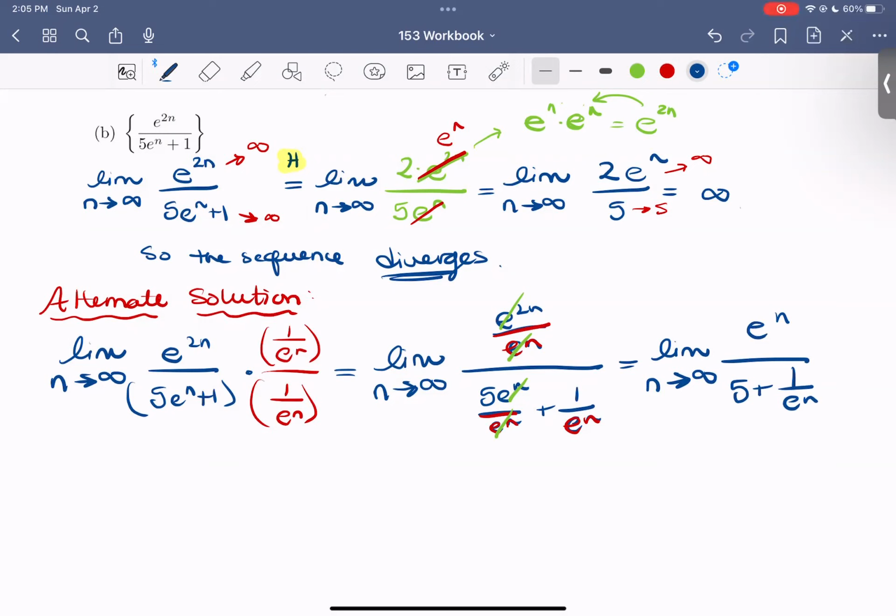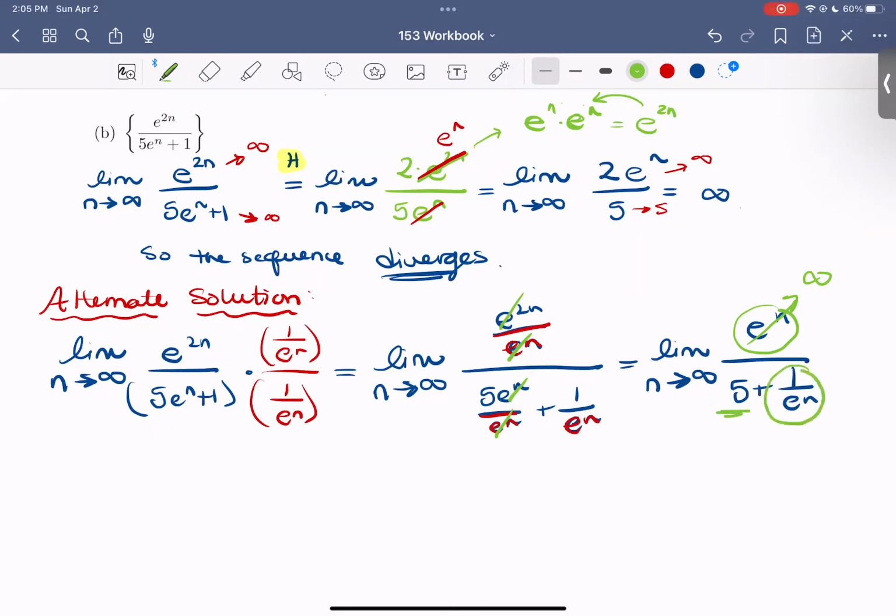Now let's look at the behavior of each term in this fraction. In the numerator, as n gets larger, this term is just going to go to infinity. So we might think that this was all for nothing, since we're still going to infinity in the numerator. But let's look at what happens to the denominator. 5 stays fixed again.